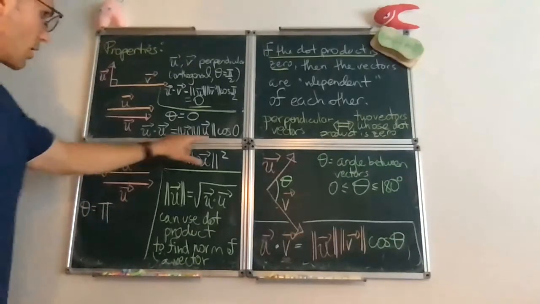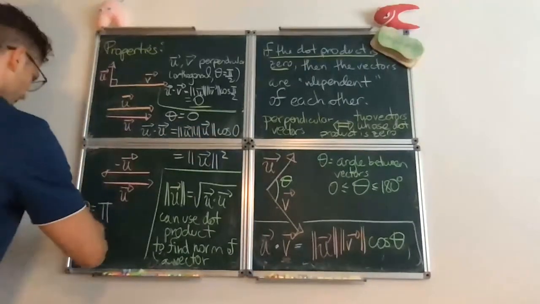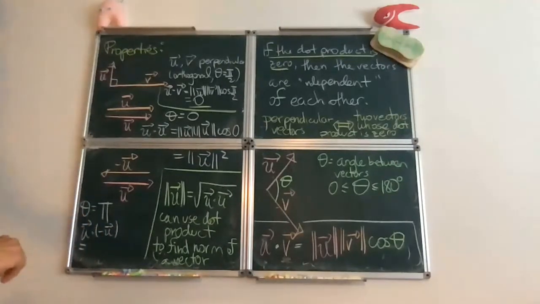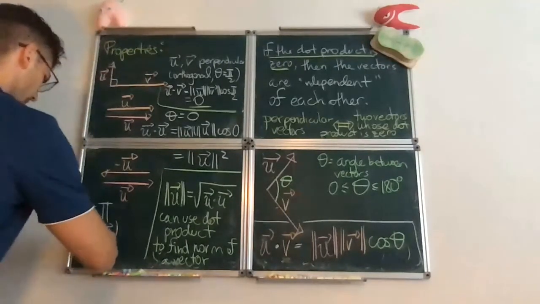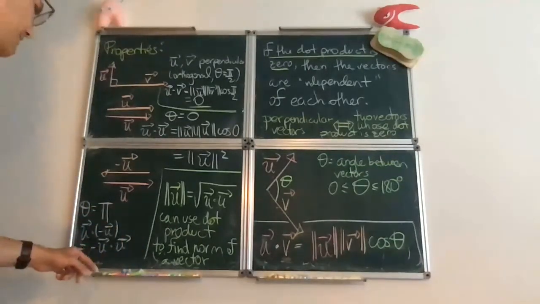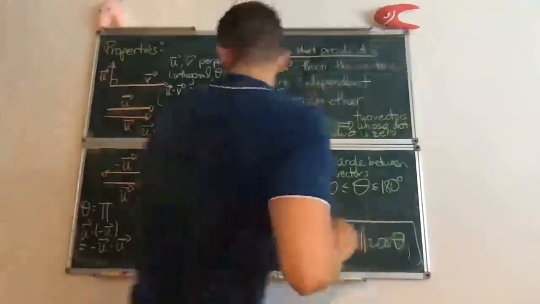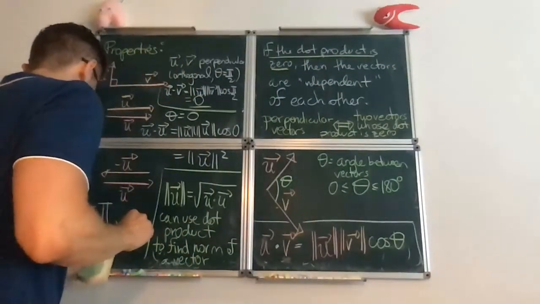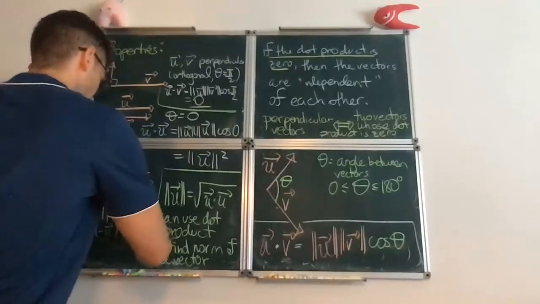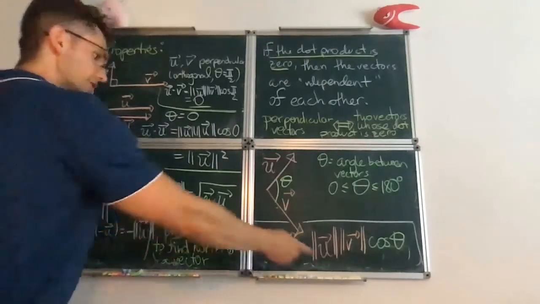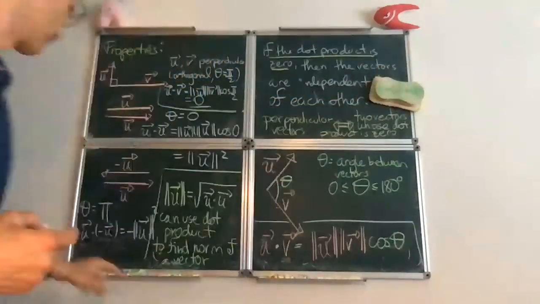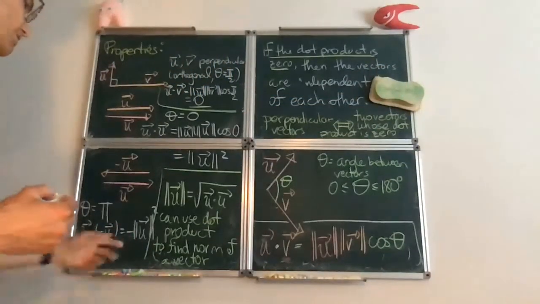It's just that now you would put the cosine of pi, and so in the end, if you use this formula, you find that the dot product of u with negative u is minus the norm squared.